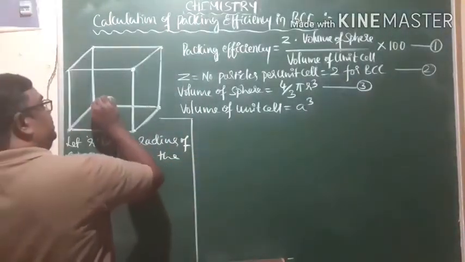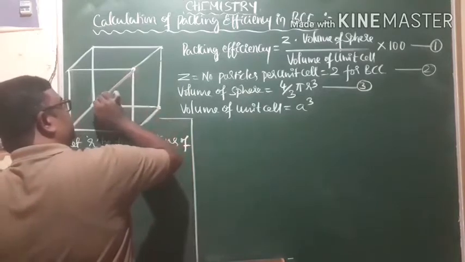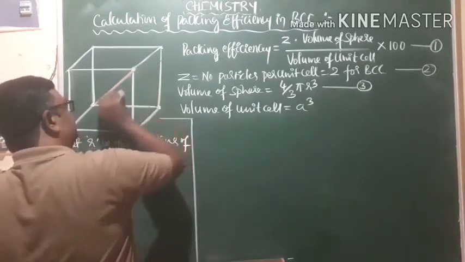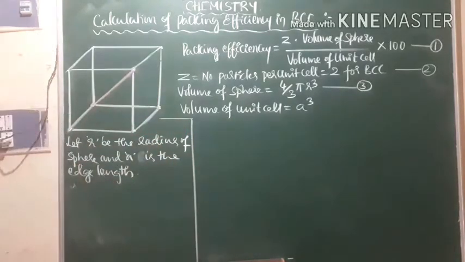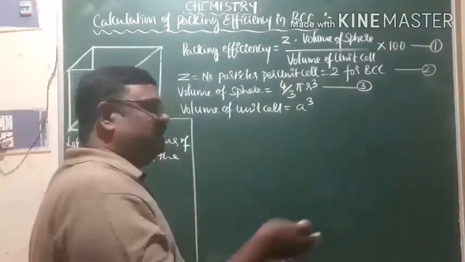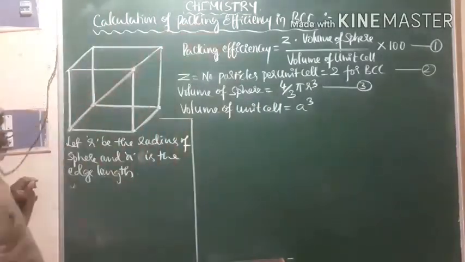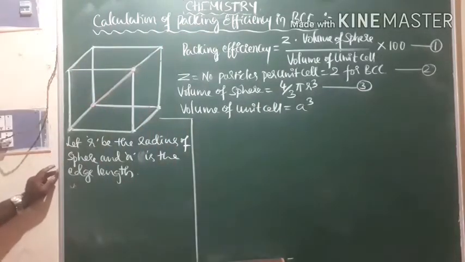Yes, I am going to consider the particles at the body diagonal, because in BCC, the particles of the body diagonal will be in touch with each other. In FCC, particles of the face diagonal will be in touch with each other. So in BCC we select the particles along the body diagonal.